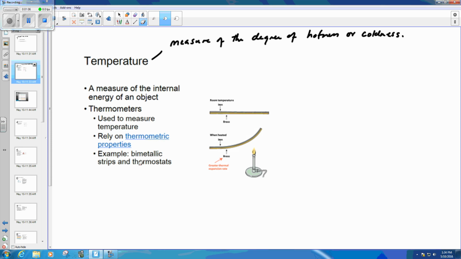And so if we can measure the average kinetic energy of these molecules, we will be measuring temperature. So temperature is defined as a measure of the average kinetic energy of the molecules.